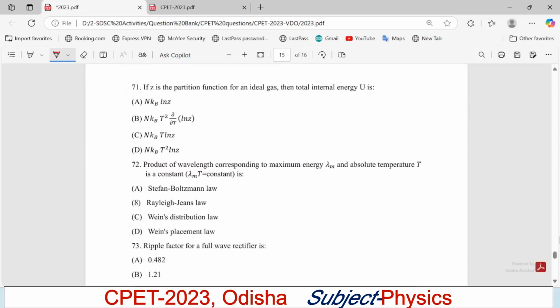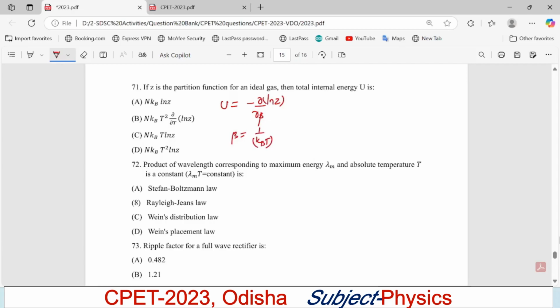Question number 71. If Z is the partition function for an ideal gas, then the total internal energy U is, here U is nothing but minus del by del beta of ln Z, and beta is nothing but 1 by kBT.